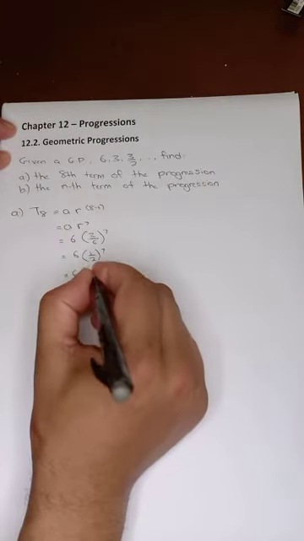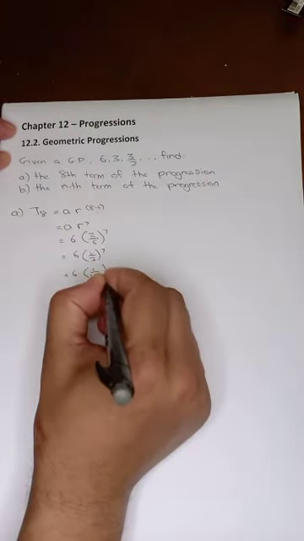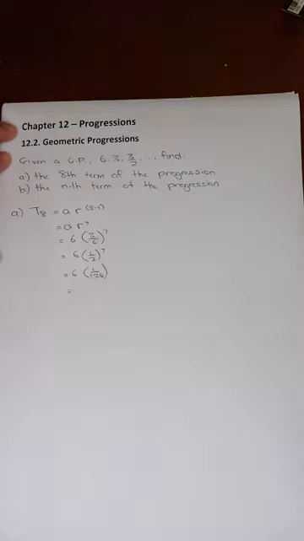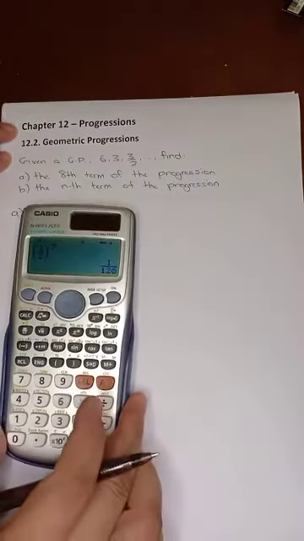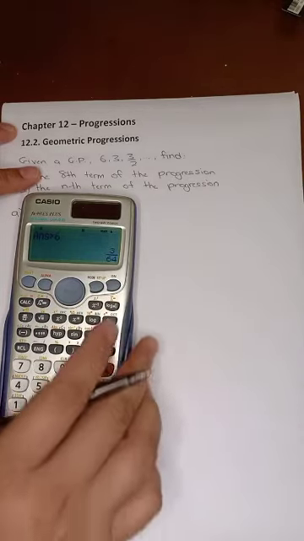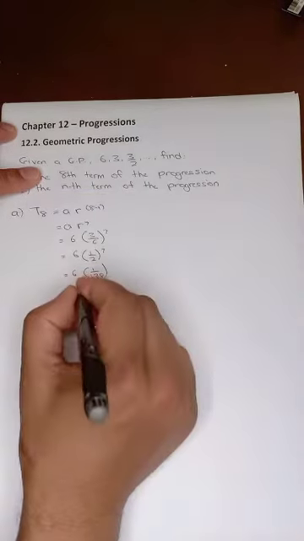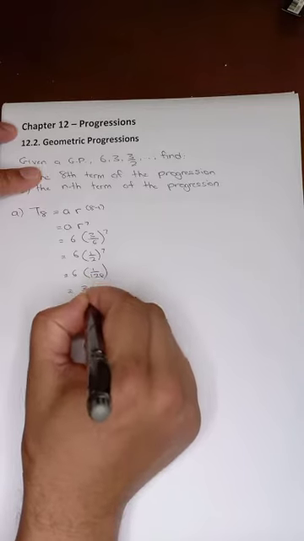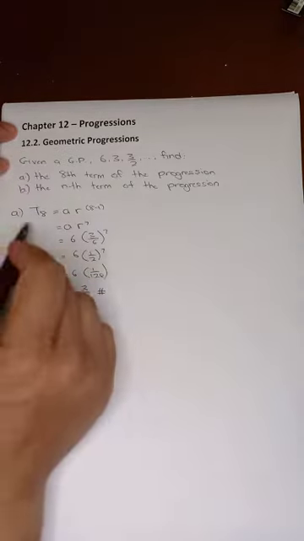So you get 1 over 128. You can simplify this. You can multiply by 6, and you get 3 over 64. 3 over 64, that is the answer, the 8th term.